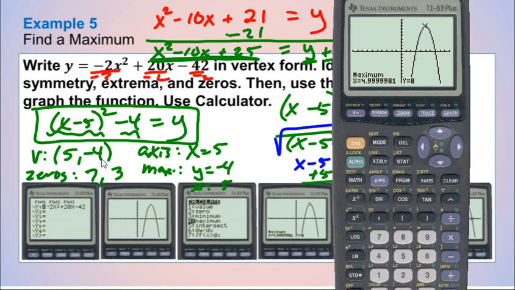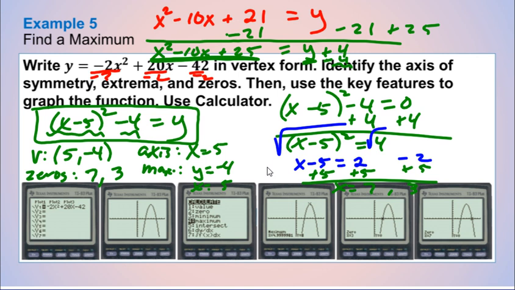Now that one is different than what I have here. So let me see what I did wrong on mine. All right, I see the mistake that I made. If I go back here, I did everything correctly to find the zeros, but I didn't do everything right to write my equation like that in vertex form.